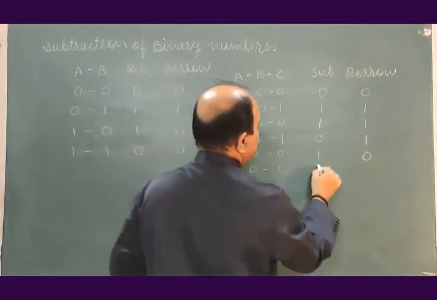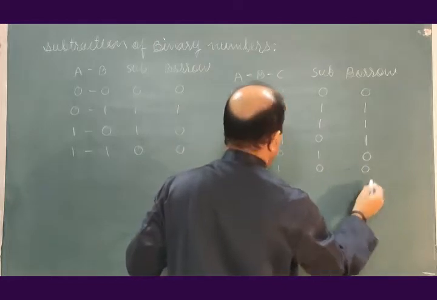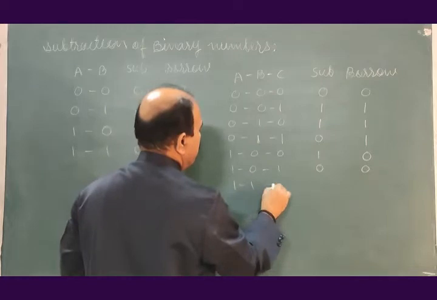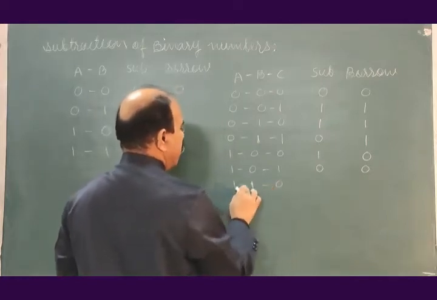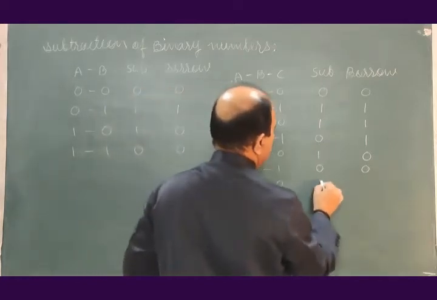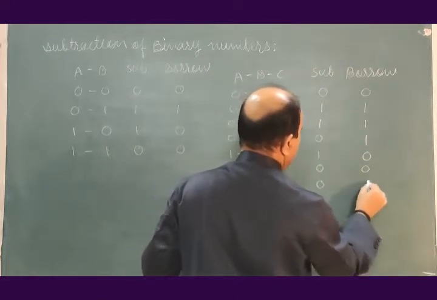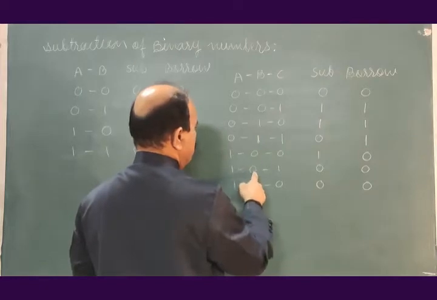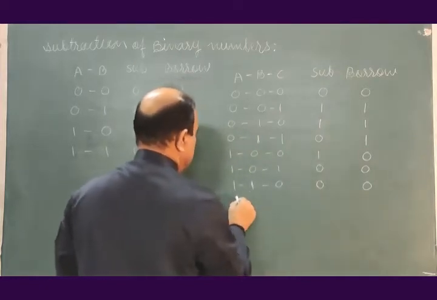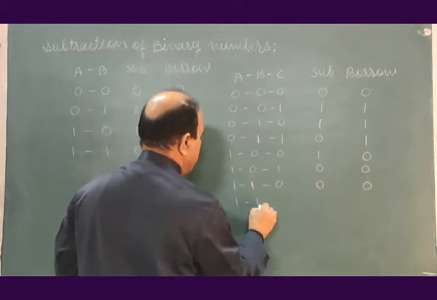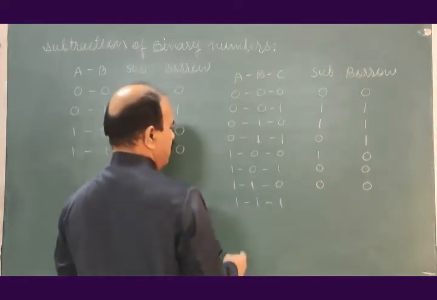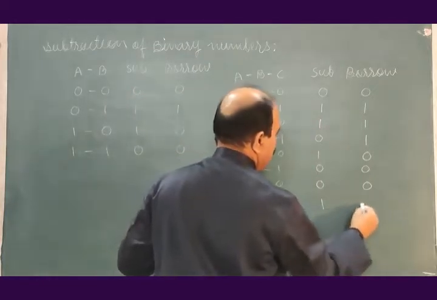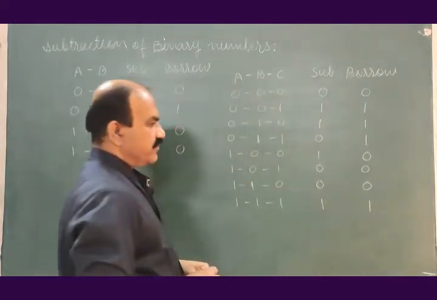subtraction 0, borrow 0. 1 minus 1 minus 0, 1 minus 1, 0, 0 minus 0, so subtraction 0, borrow 0. 1 minus 1 minus 1, 1 minus 1, 0, 0 minus 1, subtraction 1, borrow 1.